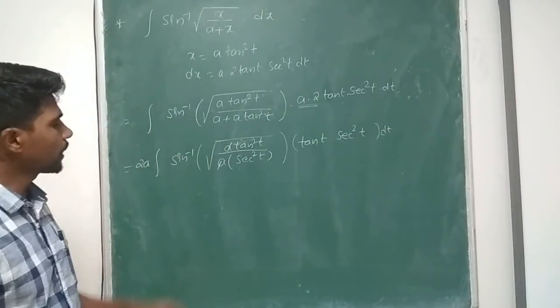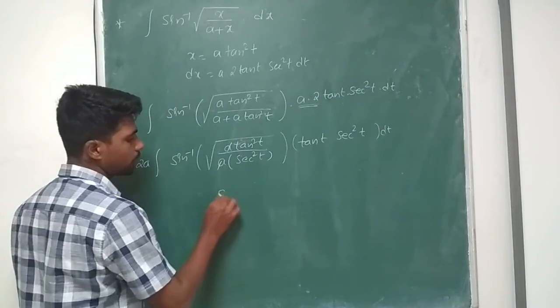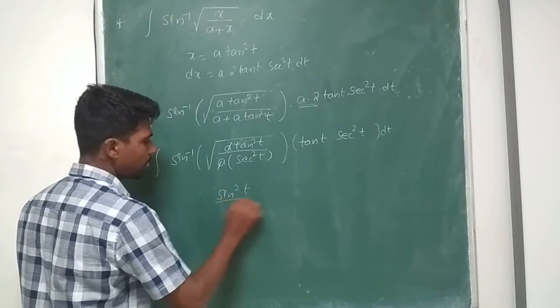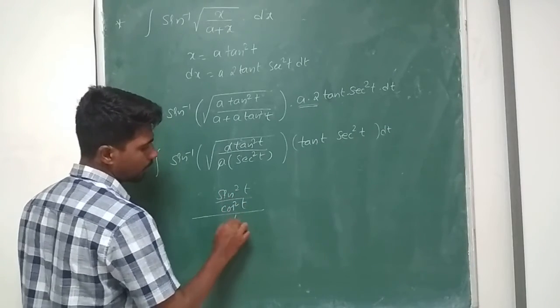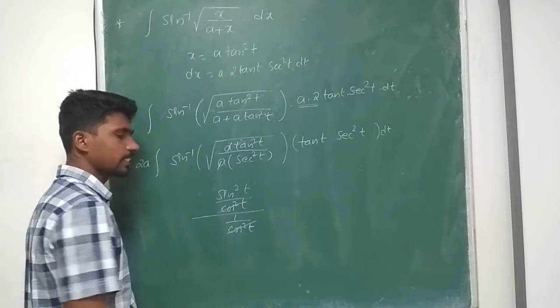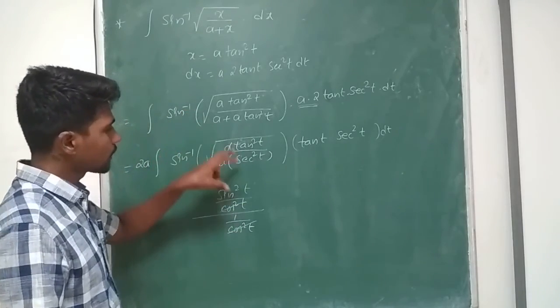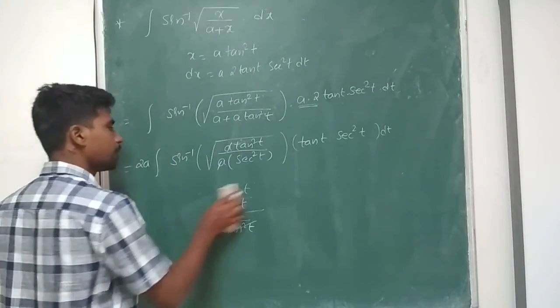Okay. Now tan square t by secant square t can be written as tan square t is nothing but sin square t by cos square t, whole divided by 1 by cos square t. So cos square t gets cancelled. I get here sin square t, but root over sin square t is nothing but sin t.